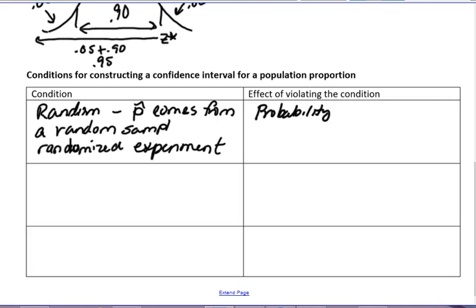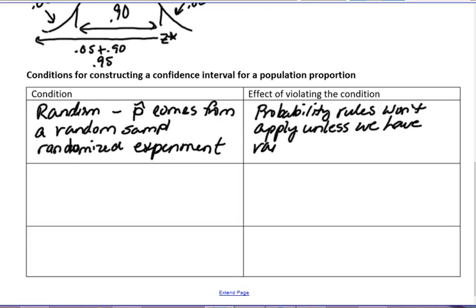Now, what's the effect of violating the condition? Probability rules won't apply unless we have random events. That would be the problem. If we violate that, we can't use all of our probability rules that we're using for the normal model.